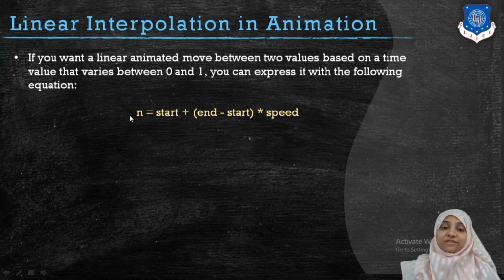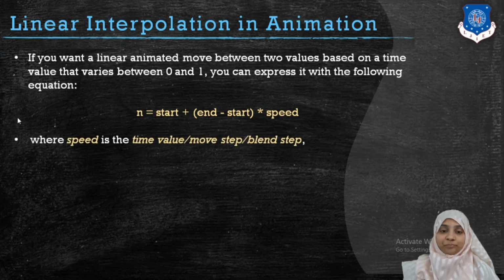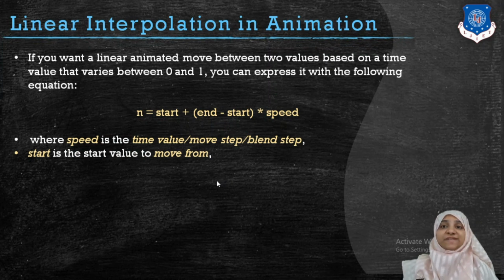So the formula is rewritten as n is equal to start plus end minus start into speed. Here, n is y, start is y0, end is y1, and speed is x minus x0 divided by x1 minus x0. Speed is the step value, the step size, or a blend size or a time value with which you want to move an animation.